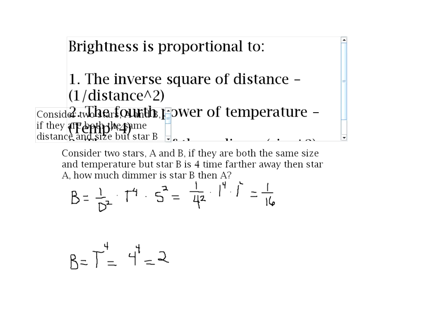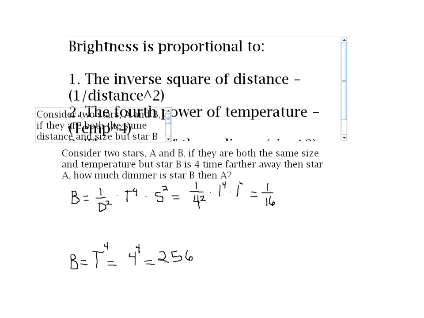It's 256 times brighter. And again, it's because the amount of energy that's emitted from an object depends on the fourth power of temperature, not just the temperature itself. So star B is 256 times brighter than star A because it's 4 times warmer, 4 times as hot.